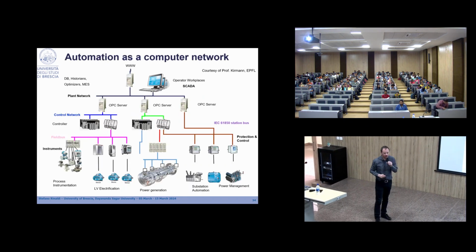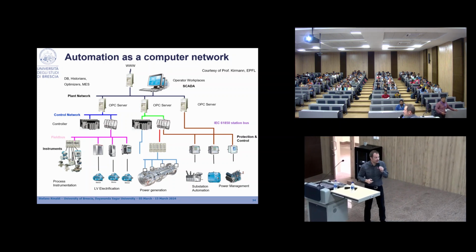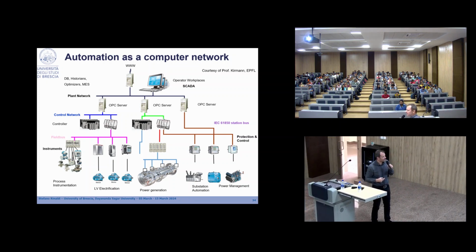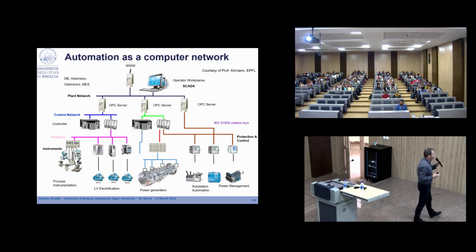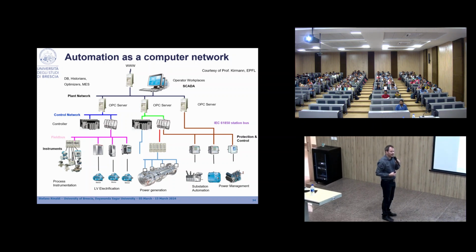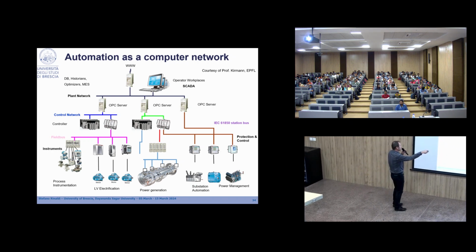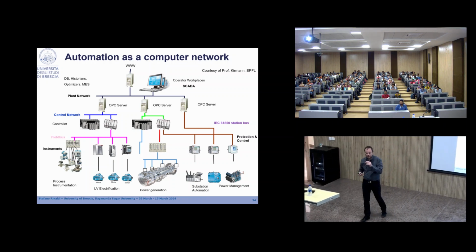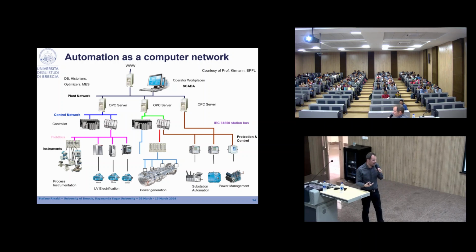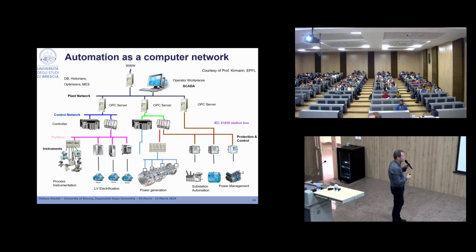So from this point of view, we can see the industrial automation plant also has a complex computer network, or better, a complex device network, a communication network. We have different levels of communication systems in traditional industrial automation. The communication system used for the communication of sensors, and of sensors with the PLC, is called fieldbus.